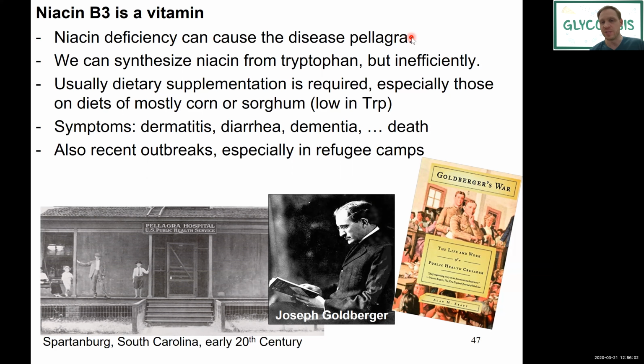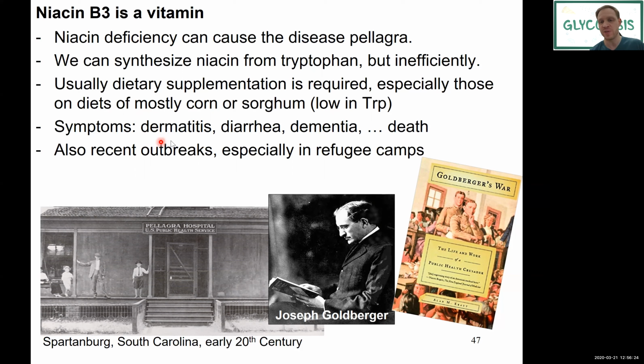One of the issues is that many of our staple foods, for example corn or sorghum, are very low in tryptophan. So if you rely on these staple foods almost exclusively, you can have a deficiency in niacin and a multitude of symptoms, starting with mild dermatitis.